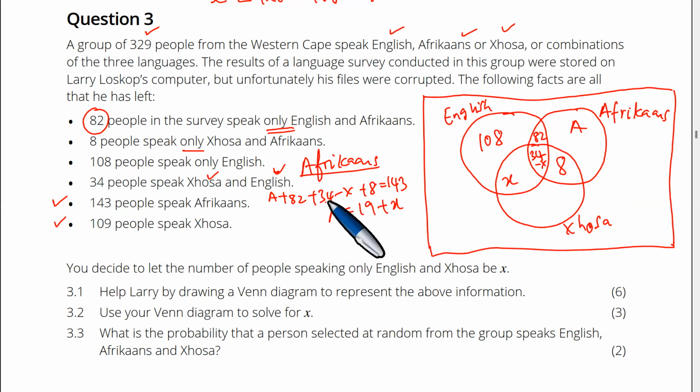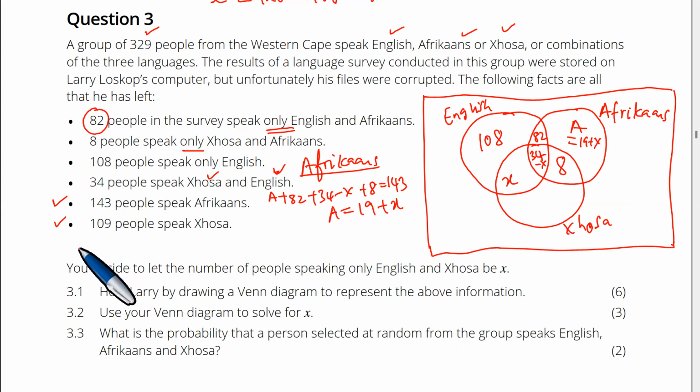You add 82 plus 34 plus 8, which is 82 plus 8 is 90, and the 34, and then subtract from 143. The x is negative, so if it comes across it becomes a plus x. So A is the same as 19 plus x.